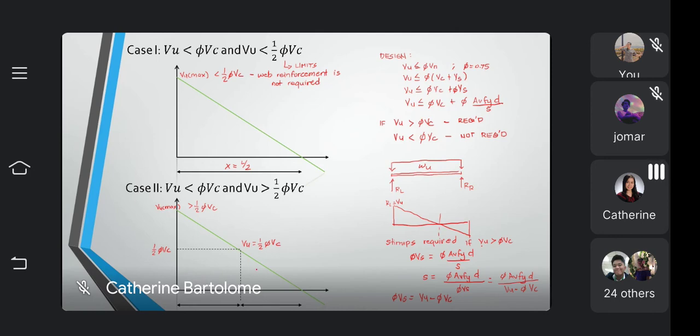Ayan, so kung mapapansin nyo, if this length is x, let's call this area x2, and this is x minus x2. Okay? But what can you notice at this area?